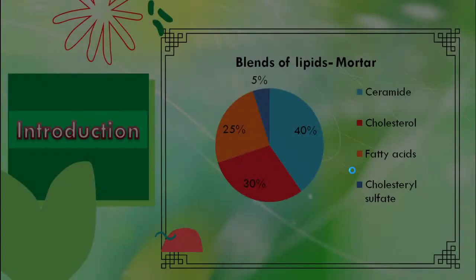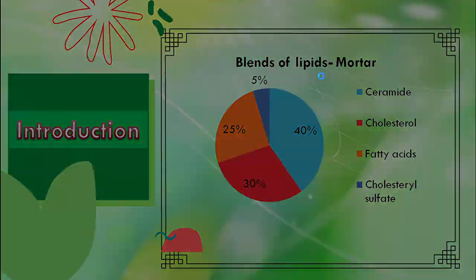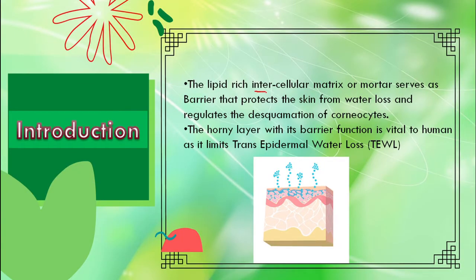The blend of lipids consists of 40% ceramides, 30% cholesterol, 25% fatty acids and 5% cholesterol sulfate. The lipid-rich intercellular matrix, or mortar, serves as a barrier that protects the skin from water loss and regulates desquamation of corneocytes.